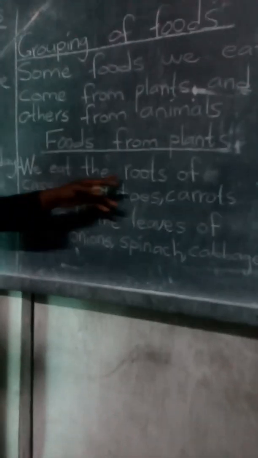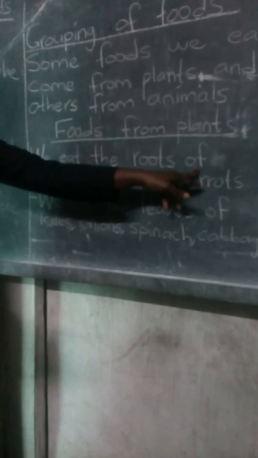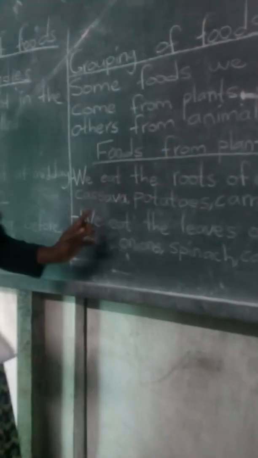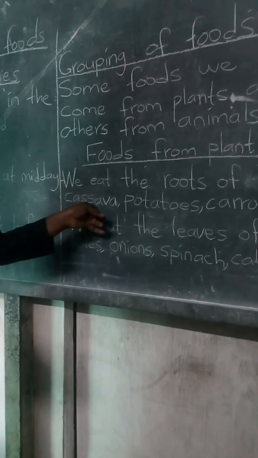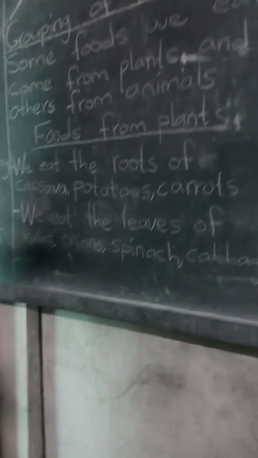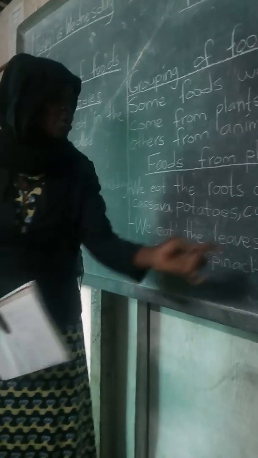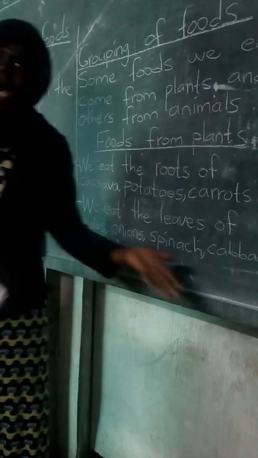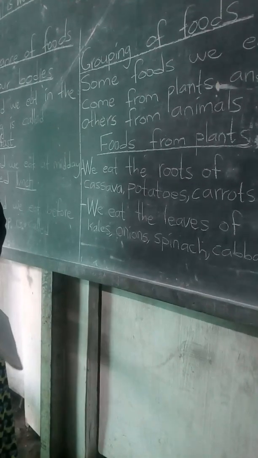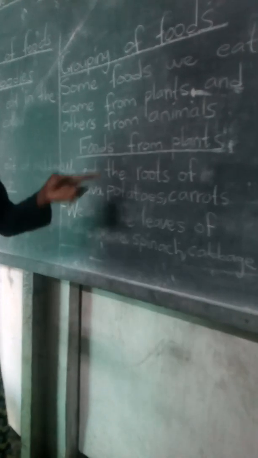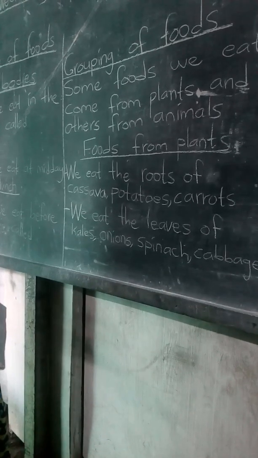We eat the roots of plants like cassava. We also eat the roots of potatoes, carrots, yam, arrowroots, and many others. Think of other roots that we eat.